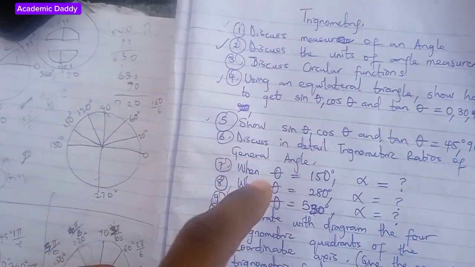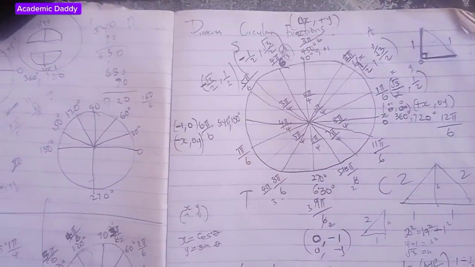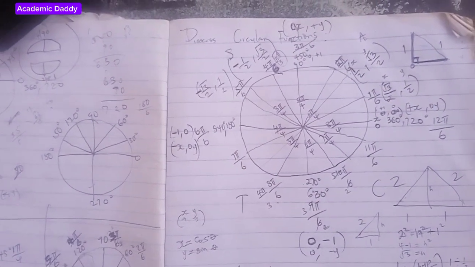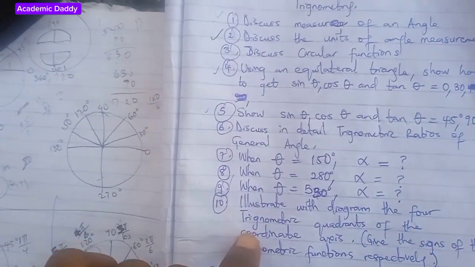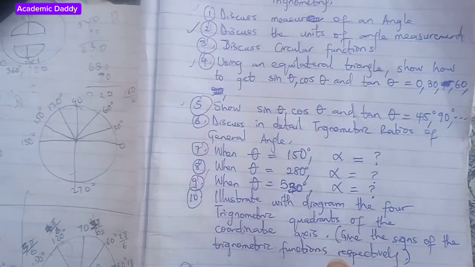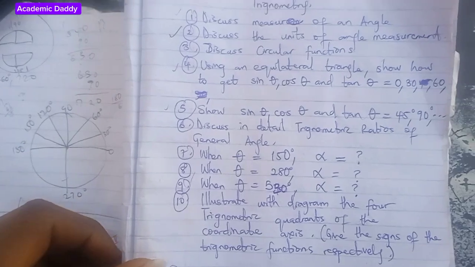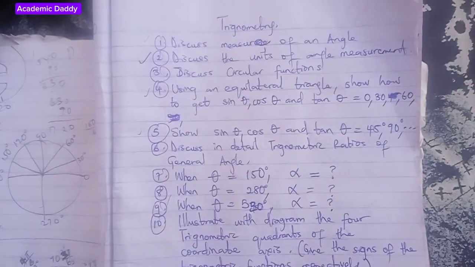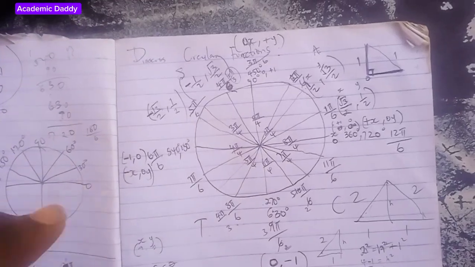This is where I will now take time to show you why and how I normally see them together. I'll be doing number 6 and number 10 together. Trigonometric quadrant of the coordinate axis, give the signs and trigonometric functions respectively. So I'll be doing the two together so that I can extensively point out how and why I say that.